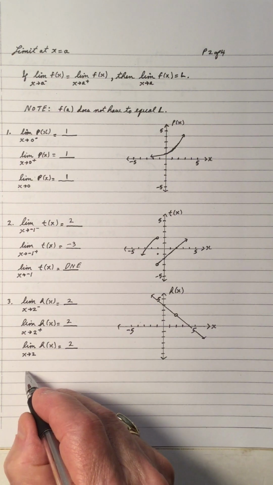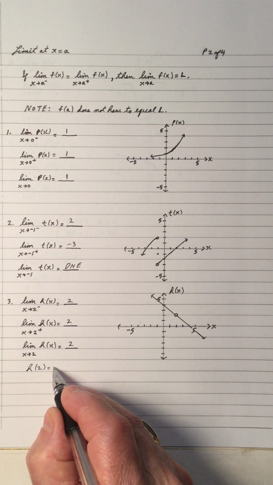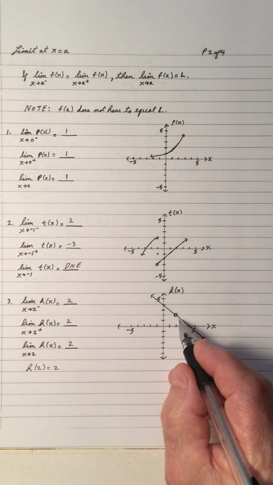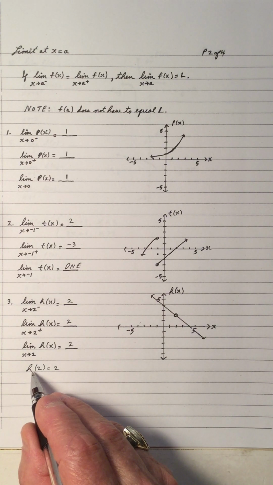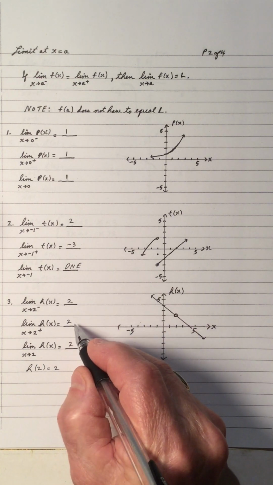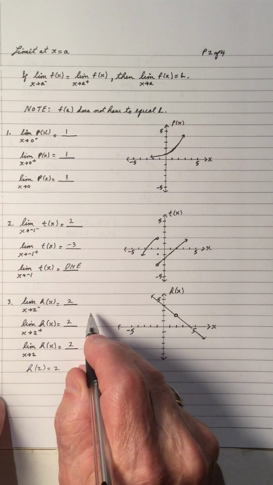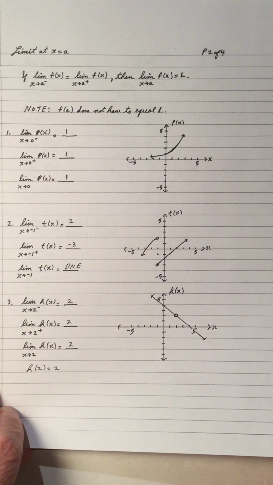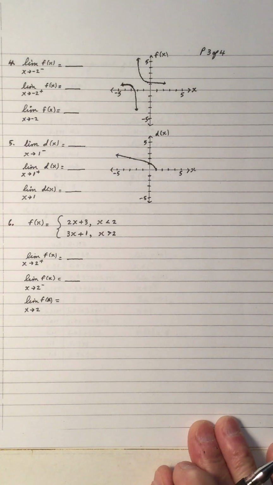Notice that h of 2 is 2, but the point is hollow, so h of 2 is not defined because it's a hollow dot. But the limit from the left and right is the same. That's what is approaching. If those two numbers are the same, then the limit at that point is the value of the left and right.